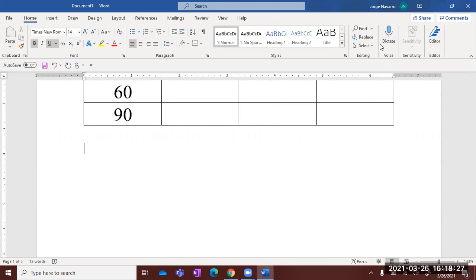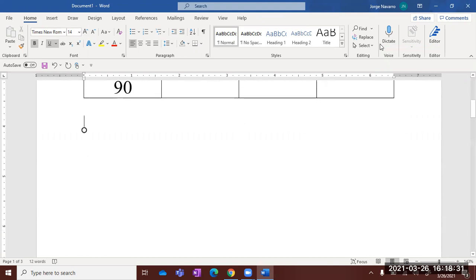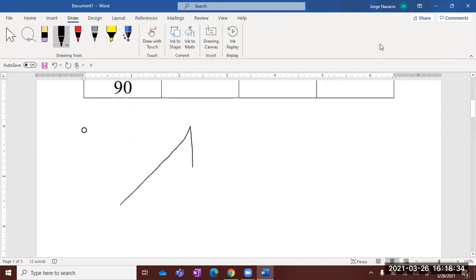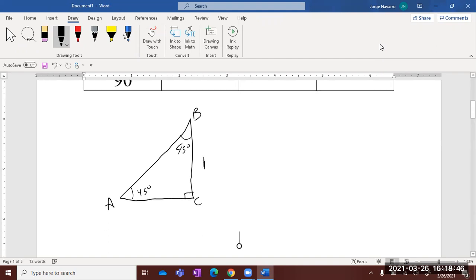All right, so we'll begin tonight by looking at the 45 degree. I'm going to draw a triangle ABC, and here's my 90 degree. Both this side and this side are 45 degrees, and this value will be 1.